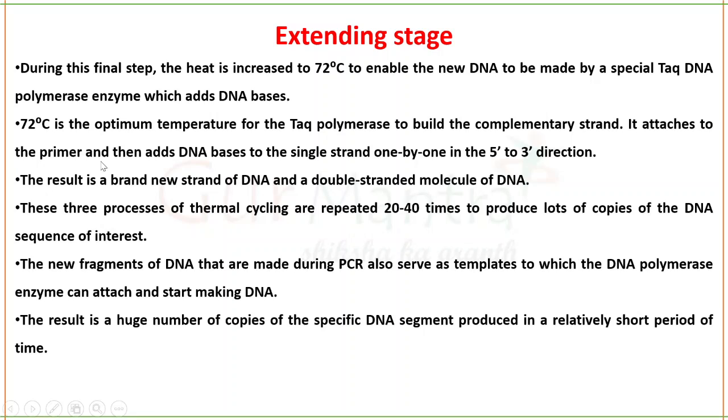It attaches to the primer and then adds the DNA bases to the strand one by one from the 5' to 3' direction. The direction is always the same. The result is a brand new DNA strand and a double-stranded molecule of DNA.